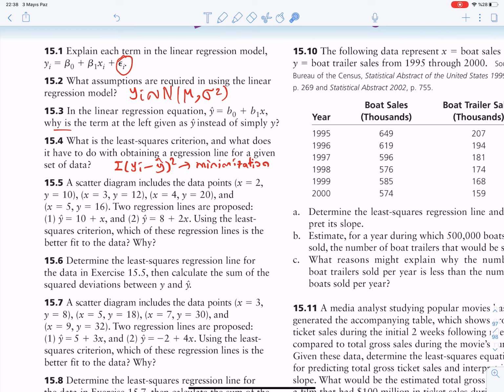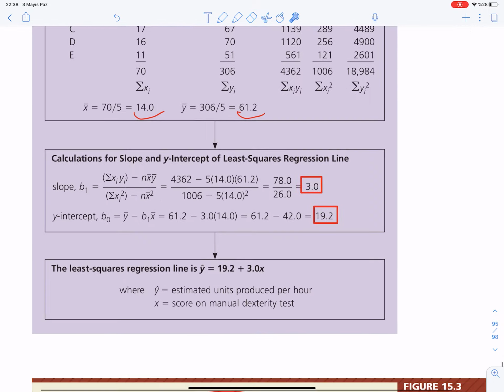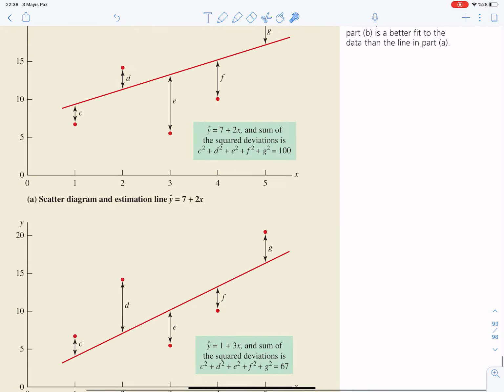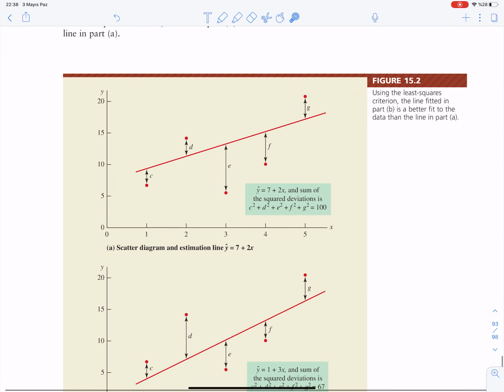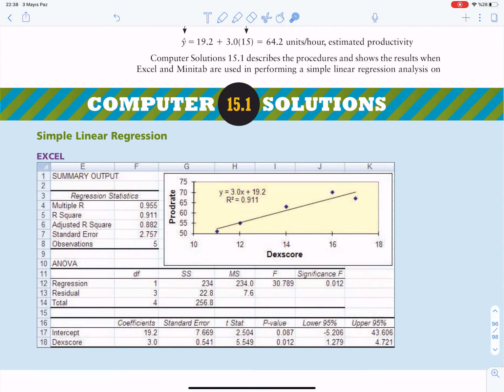If you use the least square criterion, which of these regression lines is a better fit to the data and why? All we need to do is calculate the squared distances and see which one is smaller. The smaller one is the better fit.